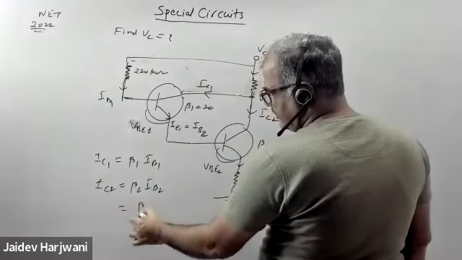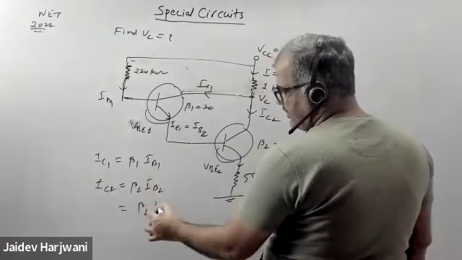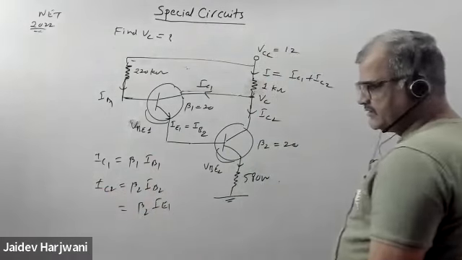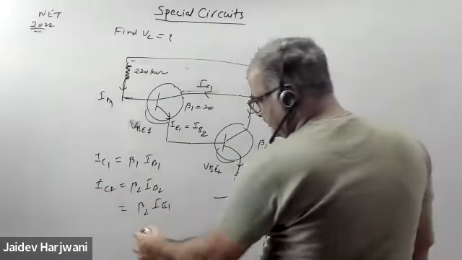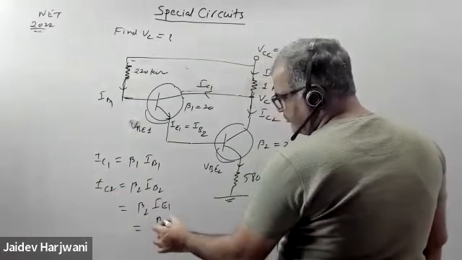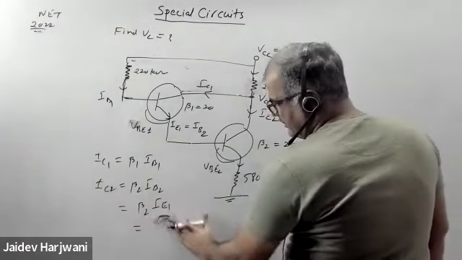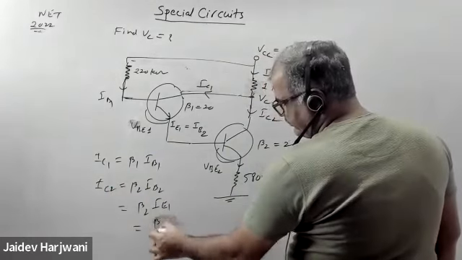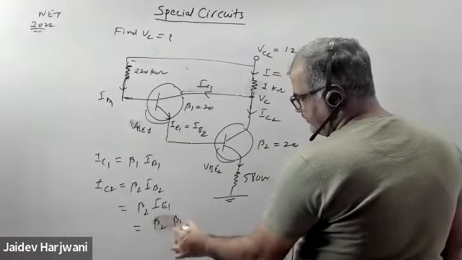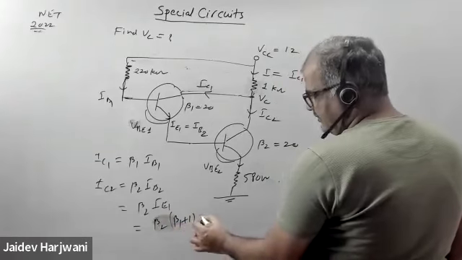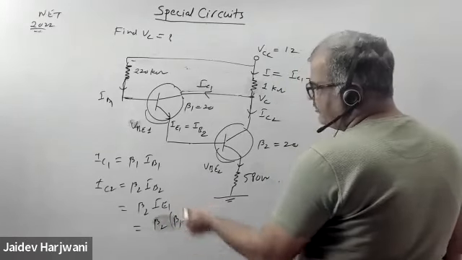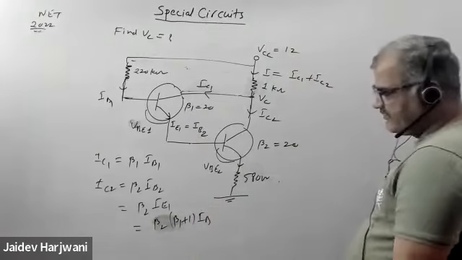IB2 is equal to IE1, isn't it? And IE1 will be beta 1 plus 1 times IB1. If you want to remove the 1 you can remove it also, but I am calculating the exact value.